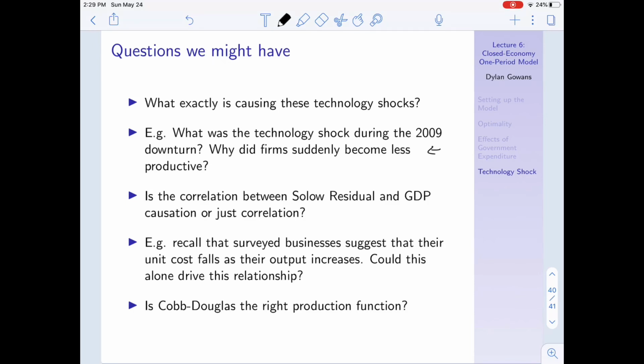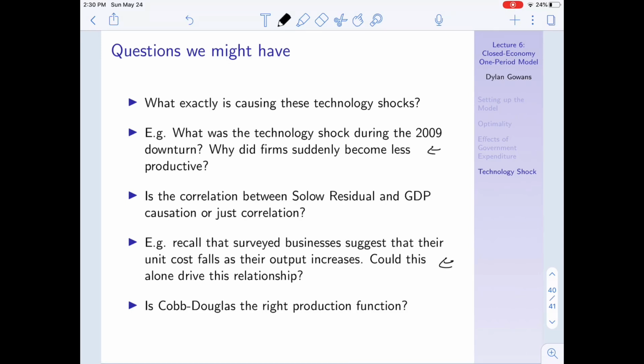The next question is, the correlation between the Solow residual and GDP, is this actually causation or is it just correlation? It could be that the two are related because of some third factor or some other reason. Or maybe changes in GDP are causing changes in the Solow residual. On that point, recall that surveyed businesses suggested that their unit cost falls as their output increases. We saw that in the last lecture. Put another way, as I increase my output, for a lot of businesses, I become more productive.